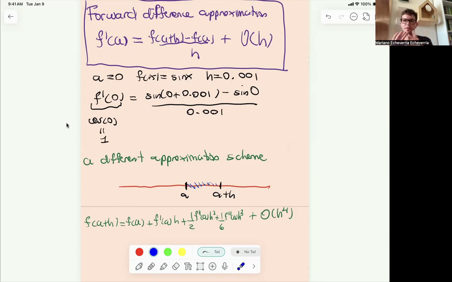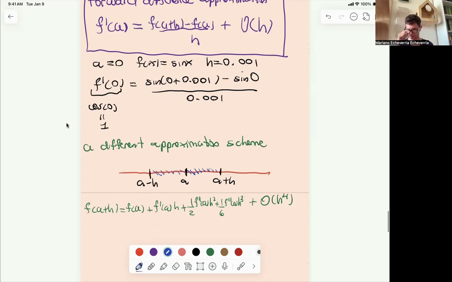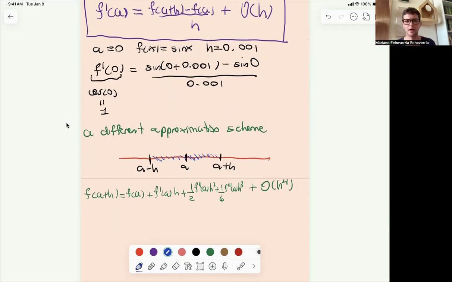The next approximation is also a bit more symmetric. So you will consider also A minus H. You can also apply Taylor's formula to find f of A minus H. It's the same idea.